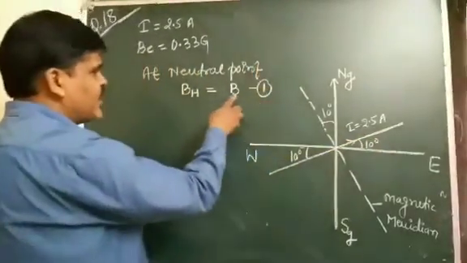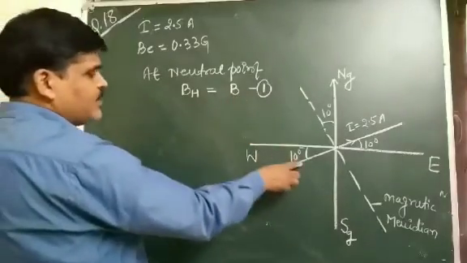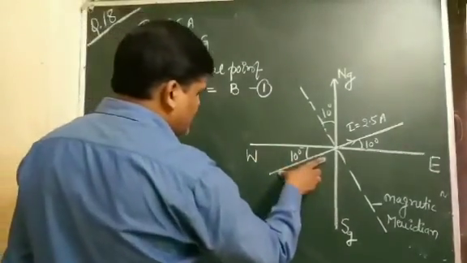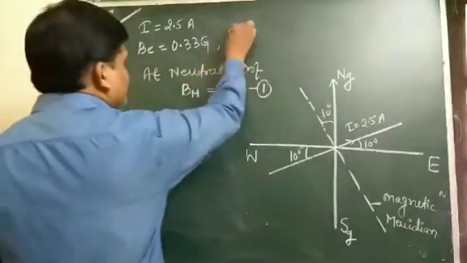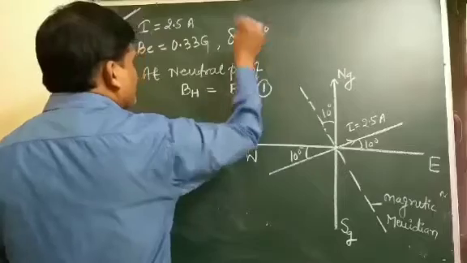So BH equal to B. And here the angle of dip is given as 0.